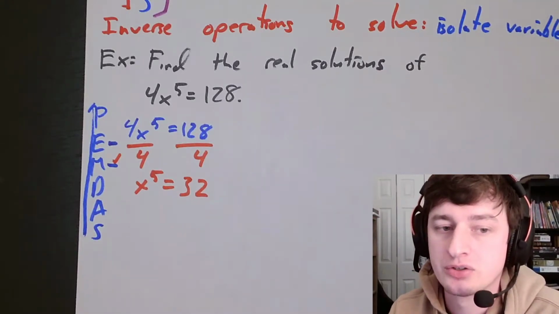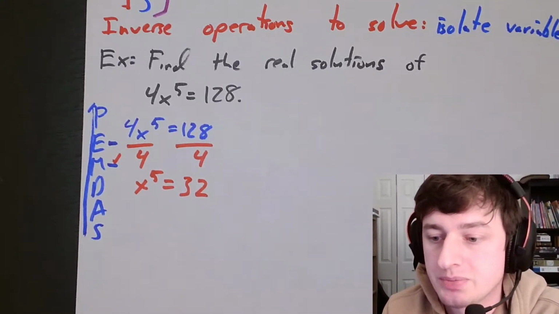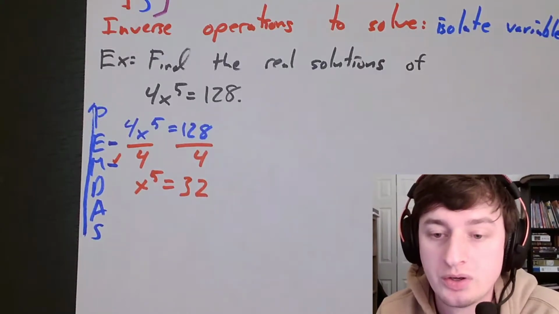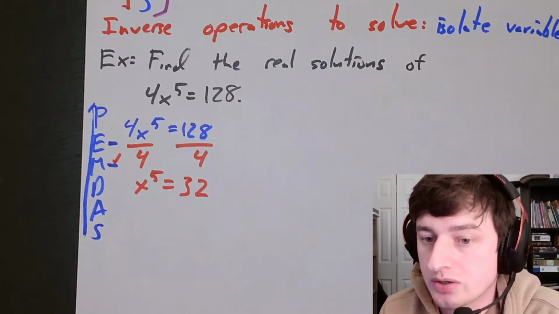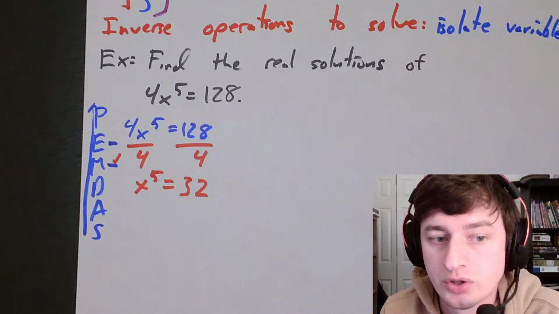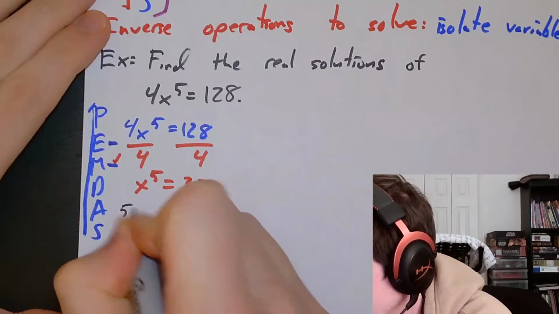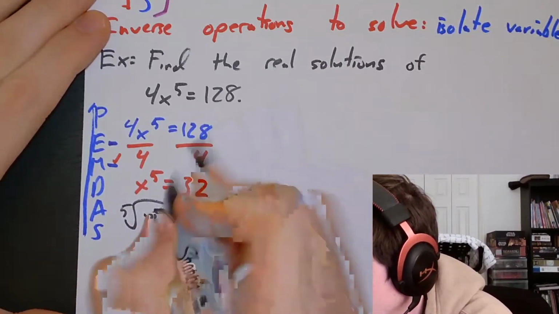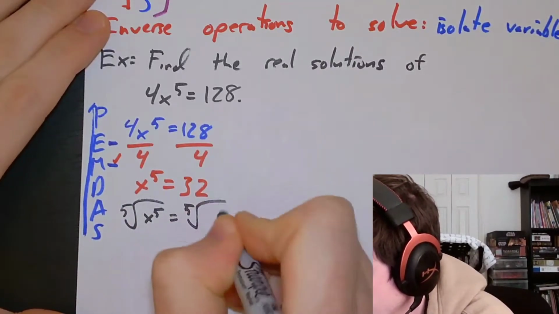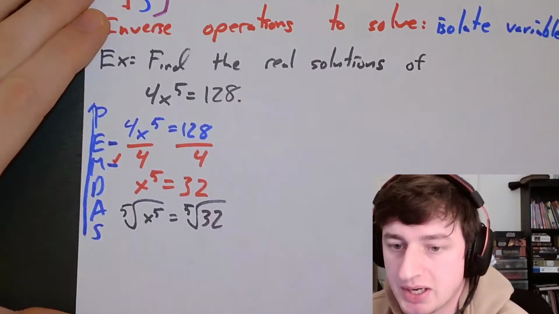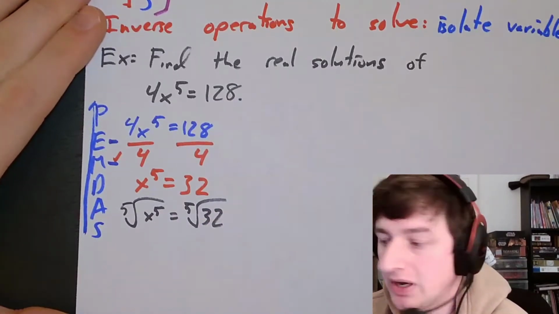We could do our inverse operations to get x by itself by taking a square root. Well, in this case, it's not just x squared, it's x to the fifth. So we're going to do a fifth root. The fifth root of x to the fifth equals the fifth root of 32. If we do the same operation on both sides, it doesn't change the value of the equation.